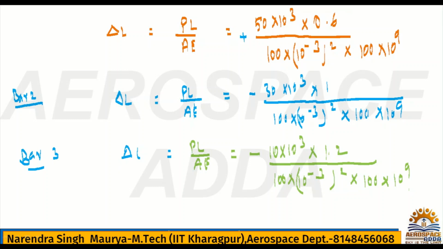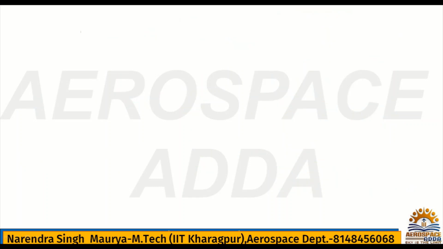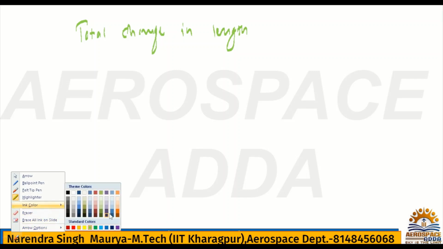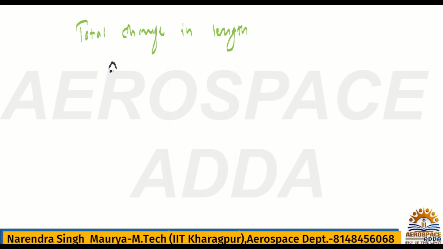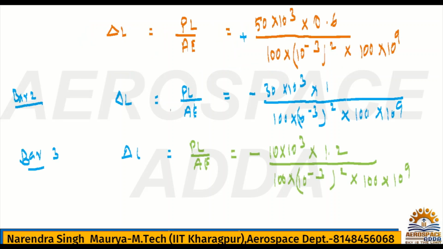Now check the total change in length for the complete bar. Delta L is the algebraic sum of delta L1, delta L2 and delta L3, keeping plus and minus signs.